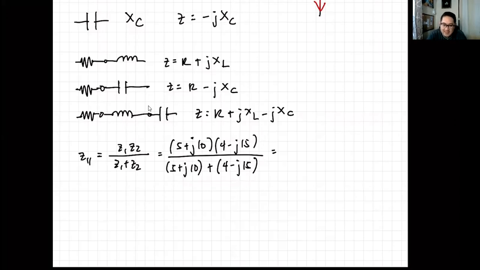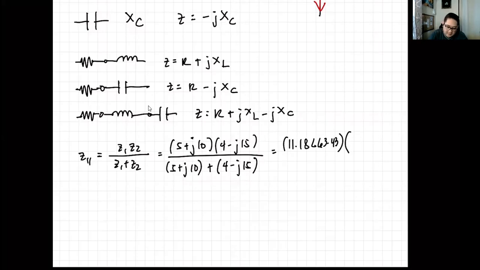So, yung 5 plus 10j natin in polar form ay 5, 10. So, that is 11.18 angle 63.43. Okay? And then, dito, yung 4 minus 15j natin in polar form is 4, negative 15.